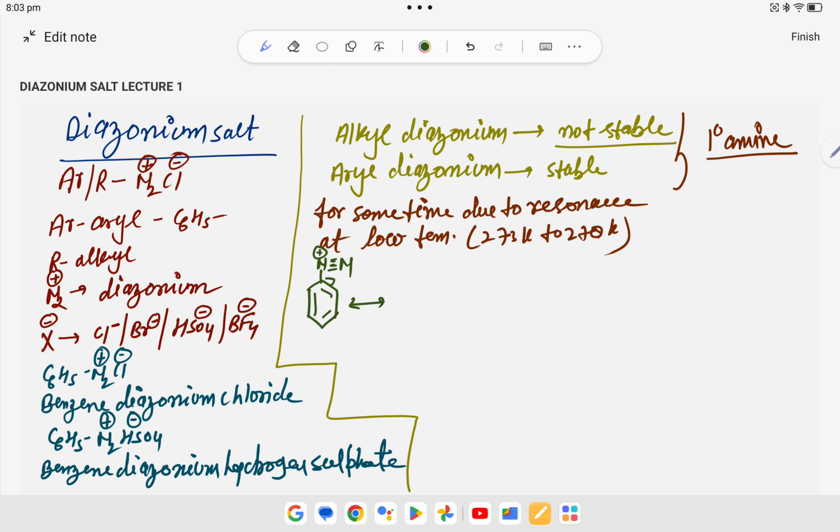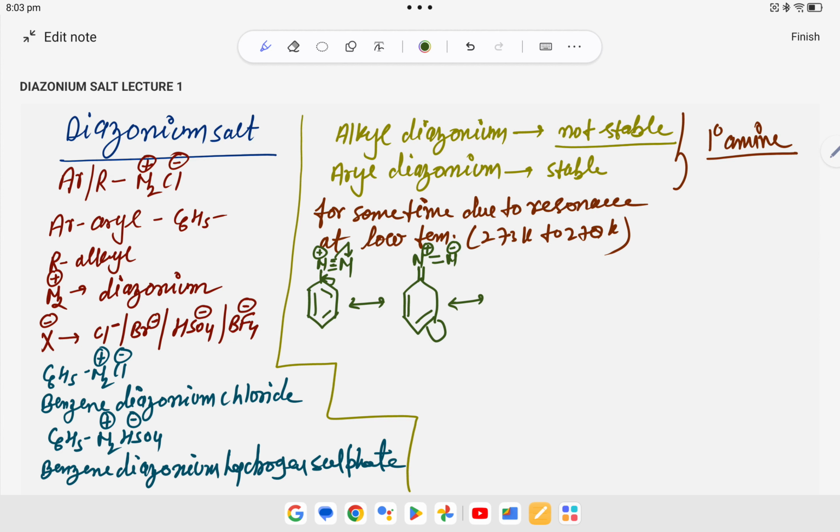Because of the positive sign, these electrons shifted here and these pi electrons shifted onto the nitrogen. So what are we getting? This bond position as it is, here double bond, nitrogen donating electron, then positive sign, double bond, this nitrogen accepting electron, then single bond, then negative charge.